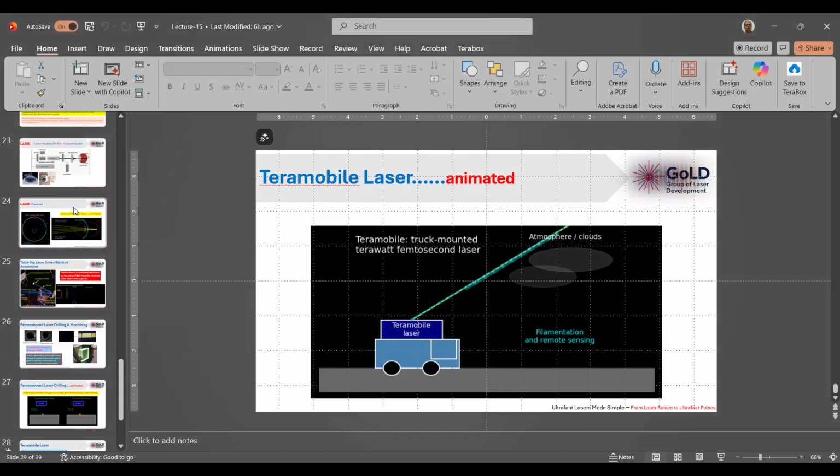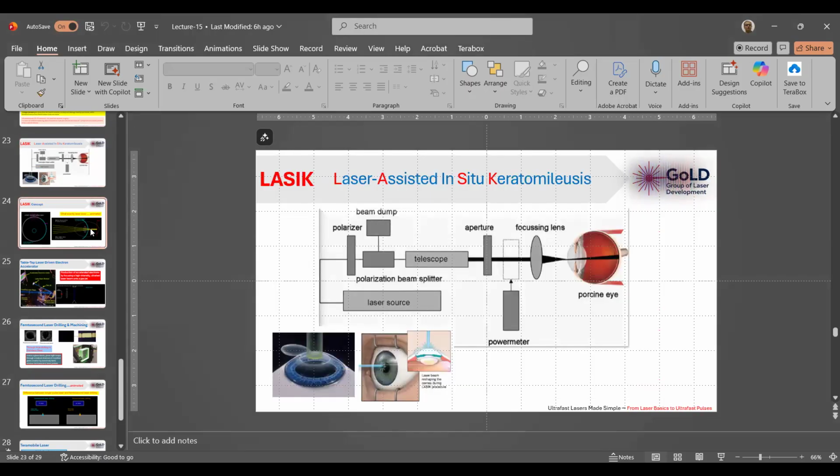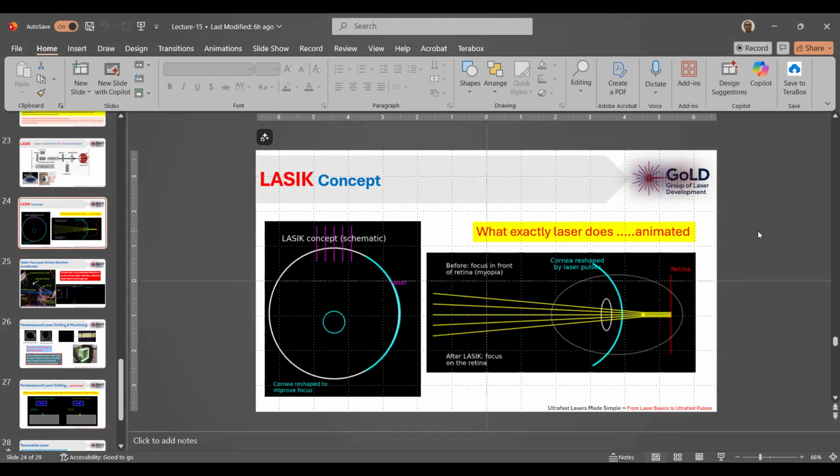Not the peak power actually. It's pulse duration. Pulse duration is important here. Yes, because the area under the pulse gives the average energy, I think, the number of photons. So the femtosecond has a small pulse duration, so the number of photons will be less than the picosecond.